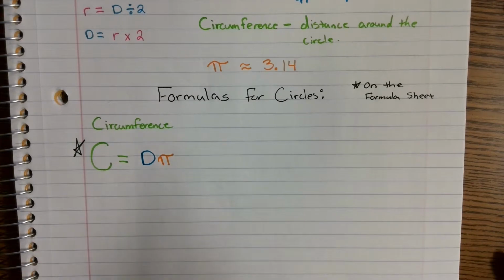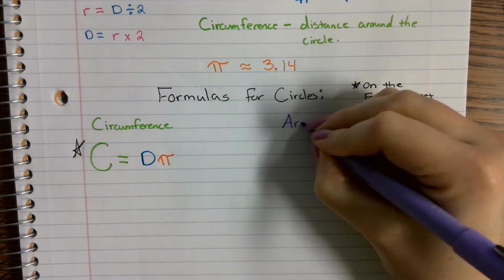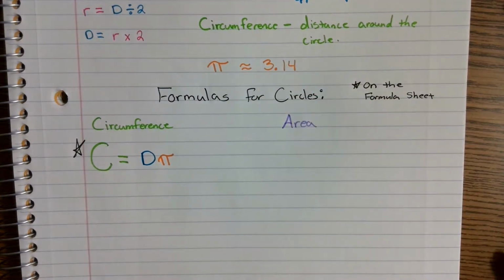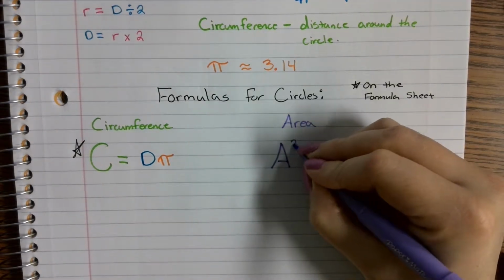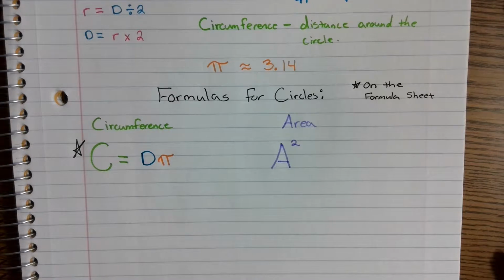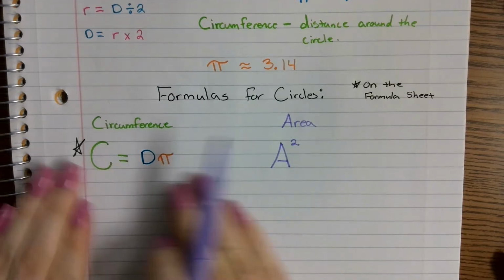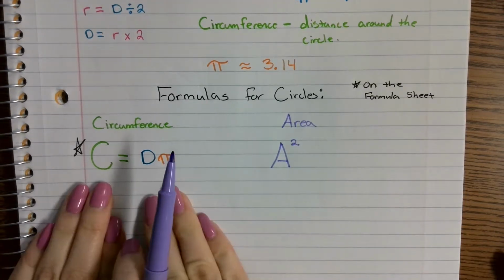Okay? Area. Now, I like to write that it's area, and I put a little 2 up in the corner to let you remember that the unit is always squared. So it's inches squared, feet squared. When you're writing down your unit of measure, if it's circumference, it's just feet or inches or yards.